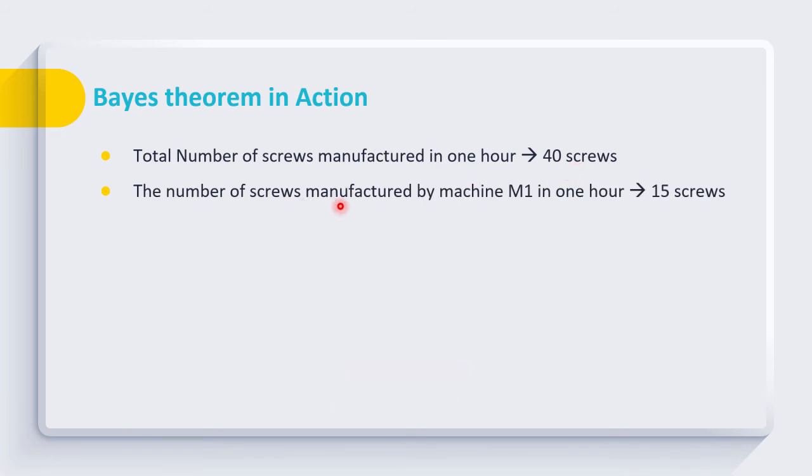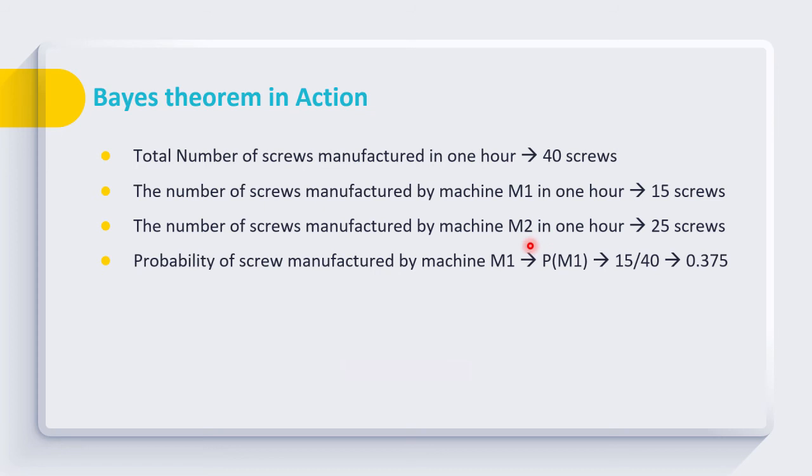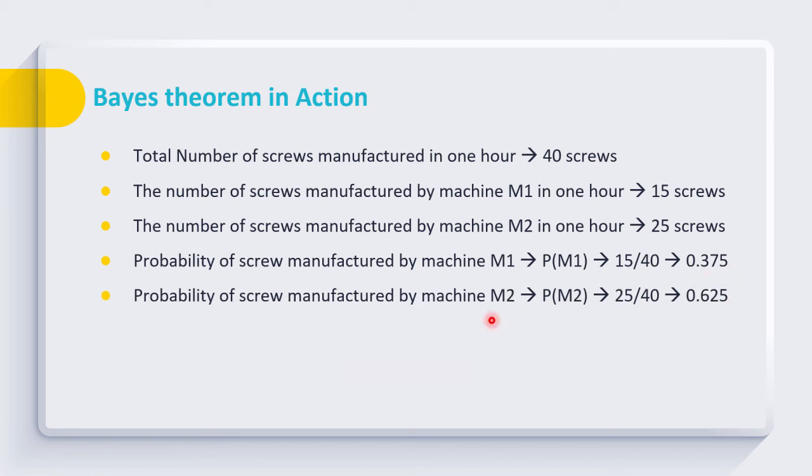Out of these 40, the number of screws manufactured by machine M1 in 1 hour is 15, while the remaining 25 screws are manufactured by machine M2. So the probability of a screw manufactured by machine M1 is 15 divided by 40, which is 0.375. In the same way, the probability of a screw manufactured by machine M2 is 25 divided by 40, which is 0.625.